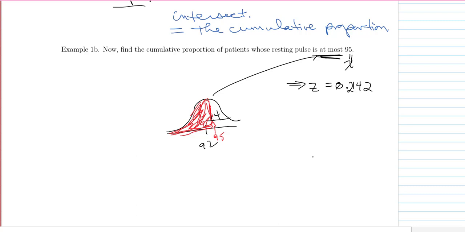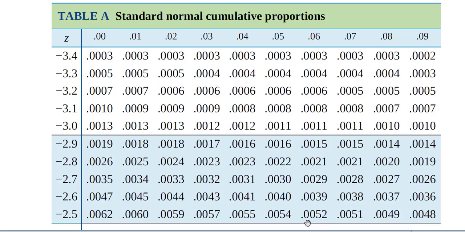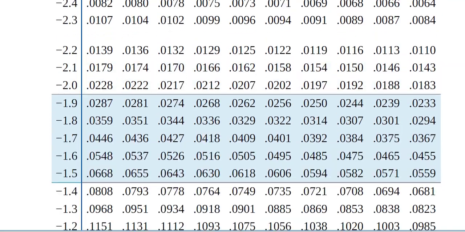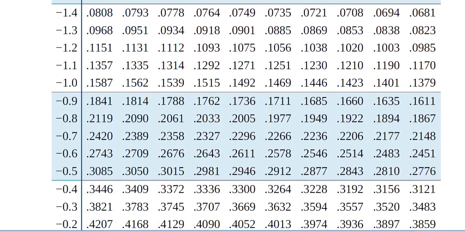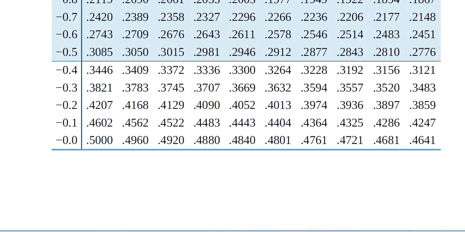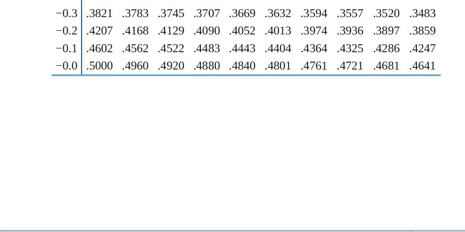Now let's go to Table A and find 0.2142 in our textbook. Notice these values are negative and our z-score is positive, so we continue sifting through the table until we get to the positive values. Still negative, still negative. 0 is both negative and positive according to this table.